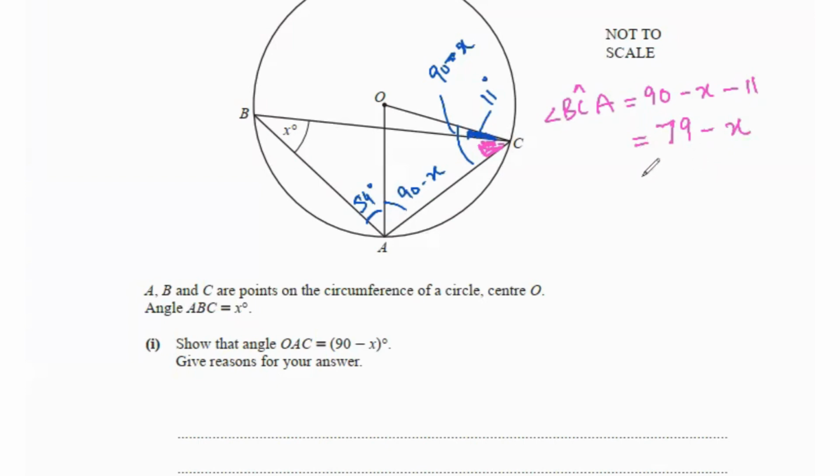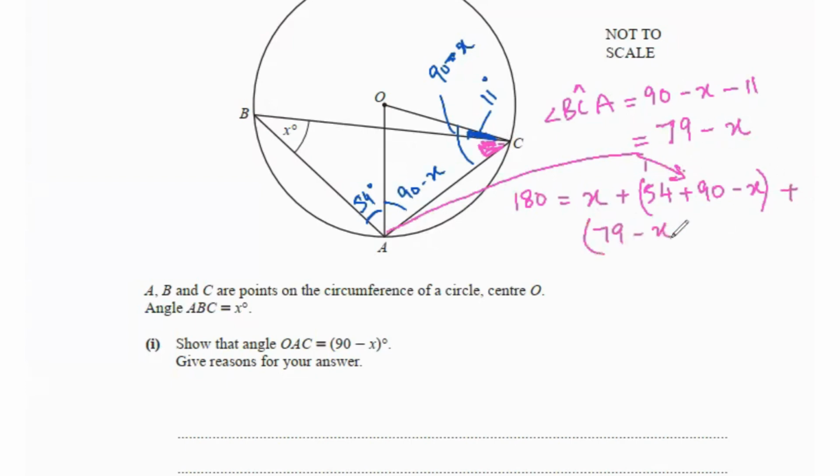So now that we have 79 minus x, we can again use the sum of angles of a triangle. 180 will equal x plus this complete angle, 54 plus 90 minus x. I'm going to put this in a bracket so that you know which angle I'm talking about. This is the angle. And then plus 79 minus x, which is this third angle.